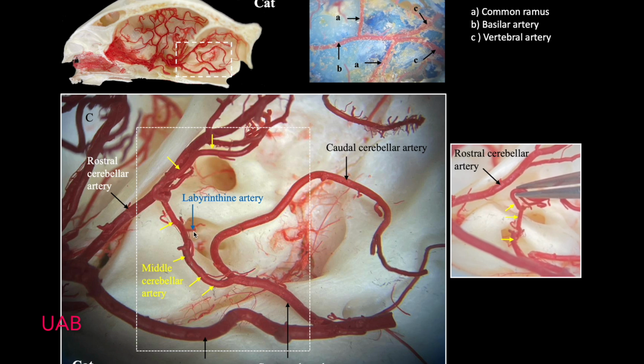And this small branch here is the labyrinthine artery. This is the rostral cerebellar artery, as in this case there is not an anastomosis between this labyrinthine or middle cerebellar artery and the rostral cerebellar artery. As you see here, with the forceps, we can move this artery here from the rostral cerebellar artery.